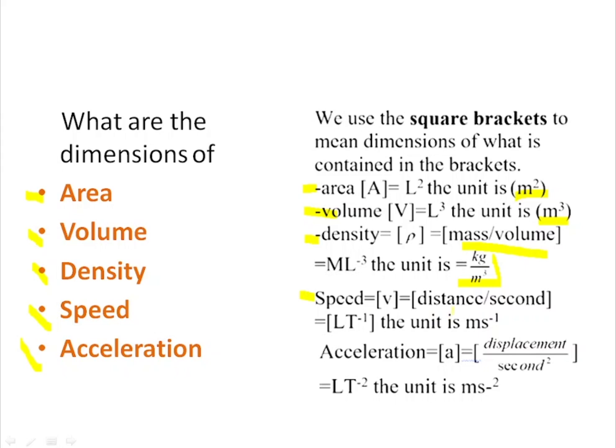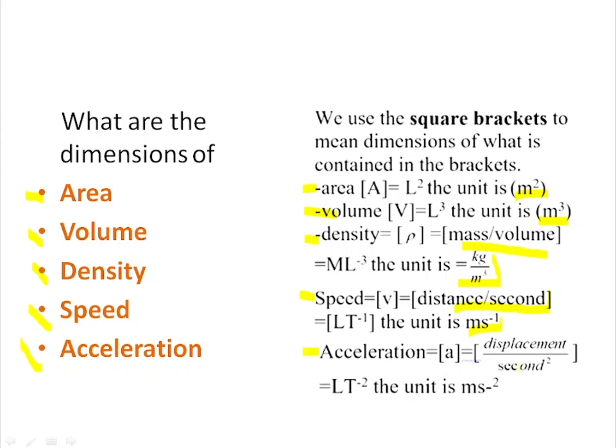Speed, the square bracket with small letter v inside, defines the distance per second, which is L T to the minus 1, and the unit of which is meter per second.